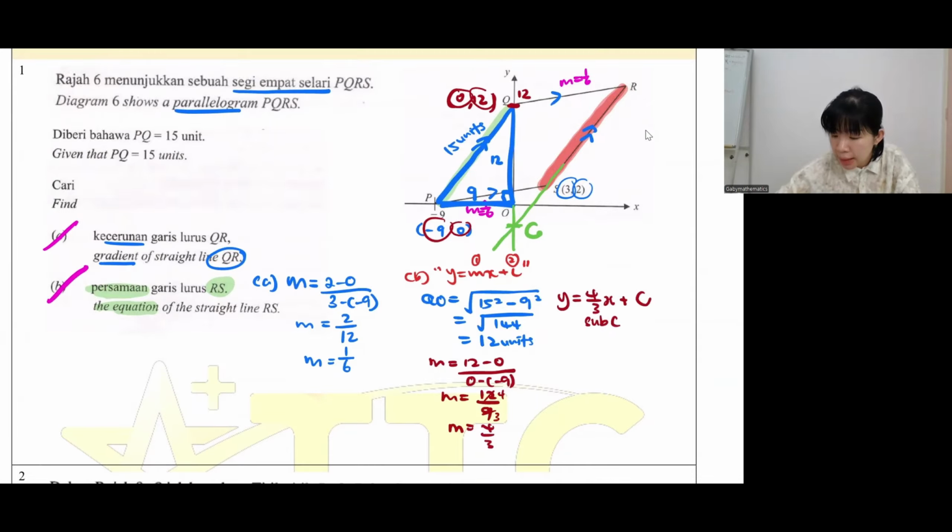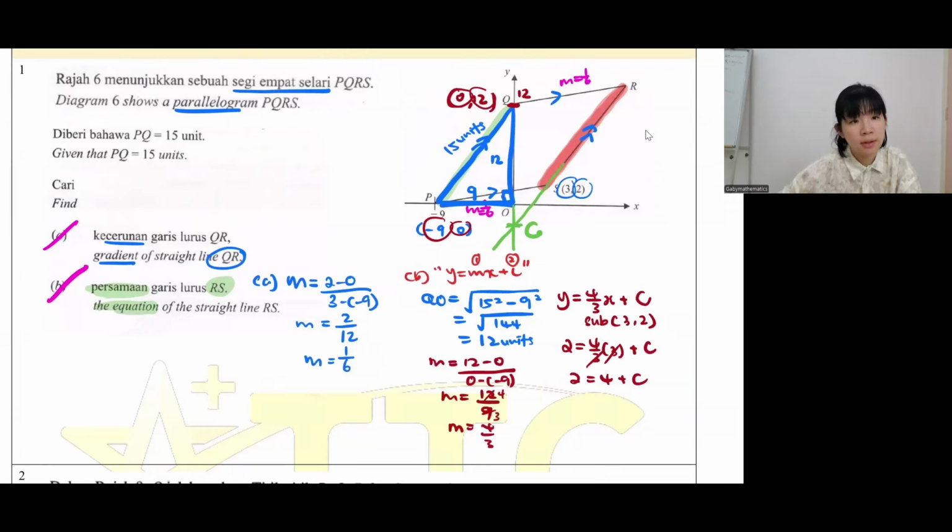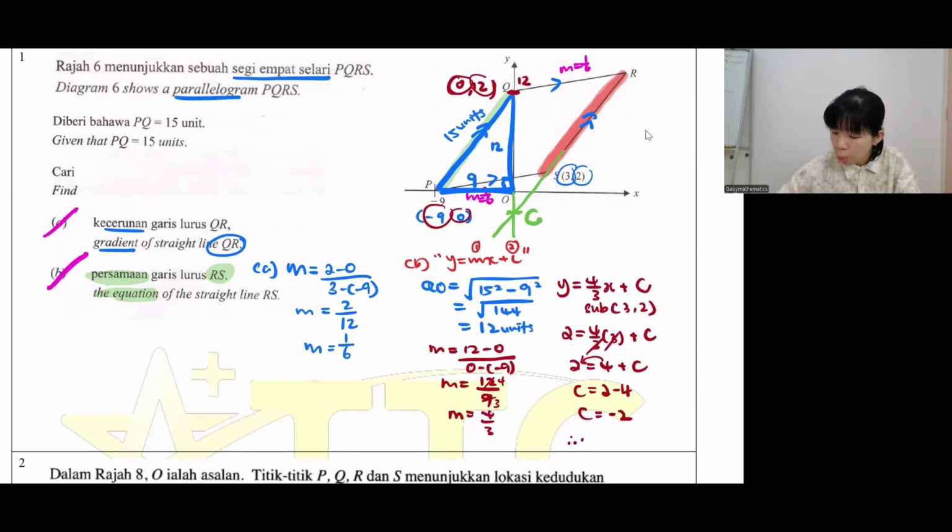Sub a point. Okay, we sub 3, 2 to find c. Y is 2. 4 over 3 times x is 3, plus c don't know. 3, 3 cut. 2 equal 4 plus c. At the end, c is, the 4 bring over, 2 minus 4. C equal negative 2. You get negative 2? Okay, when c is negative 2, so equation, write one more time. Y equal 4 over 3x minus 2.